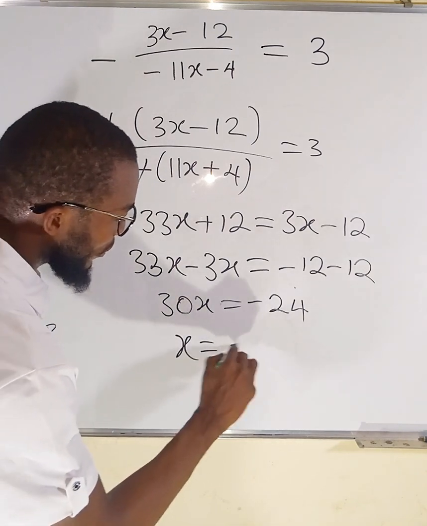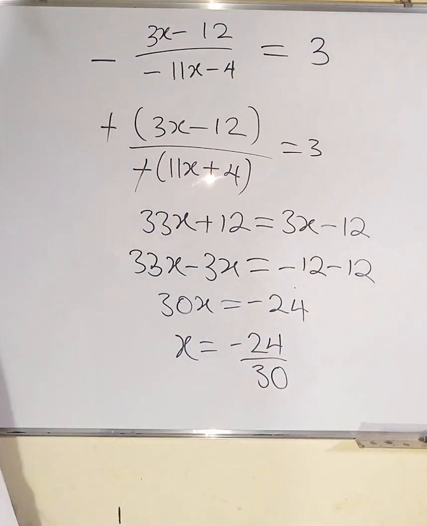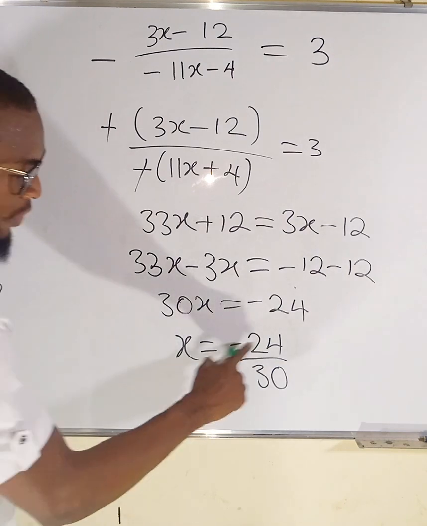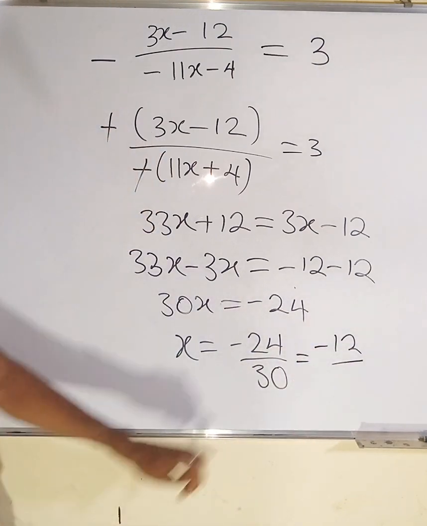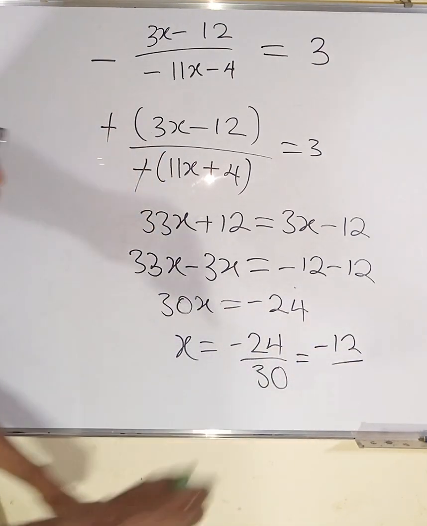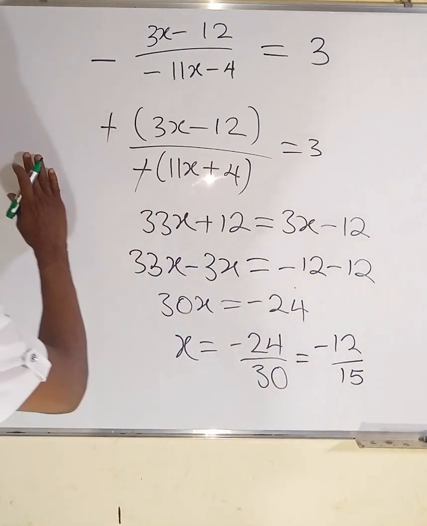Therefore, x is equal to negative 24 divided by 30. So we can reduce it to the lowest terms. Let me see what can go here and here. Let me start with 2. 2 can go here 12 times, and 2 can go into 30 15 times. Let me see, do we have any other smaller number?